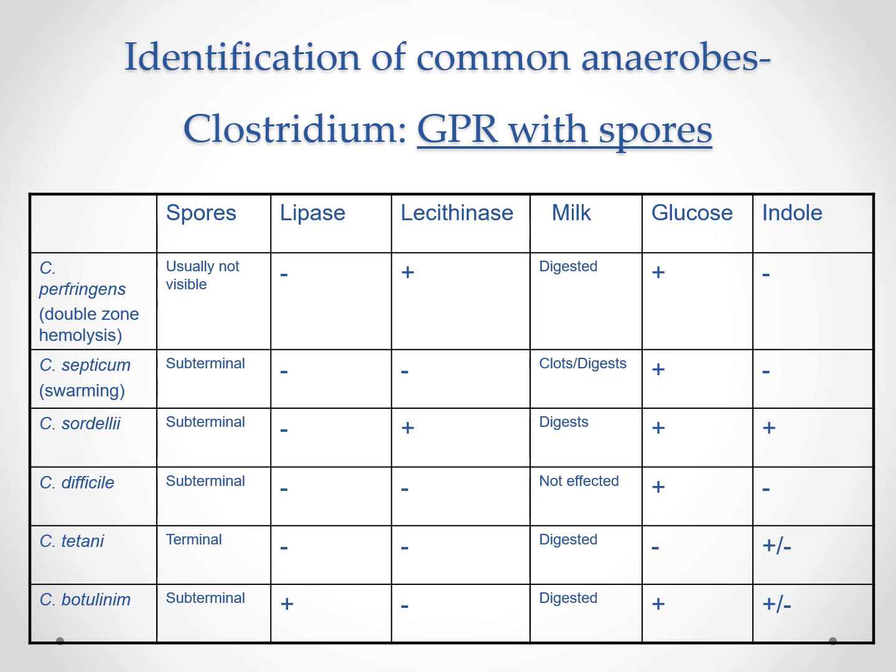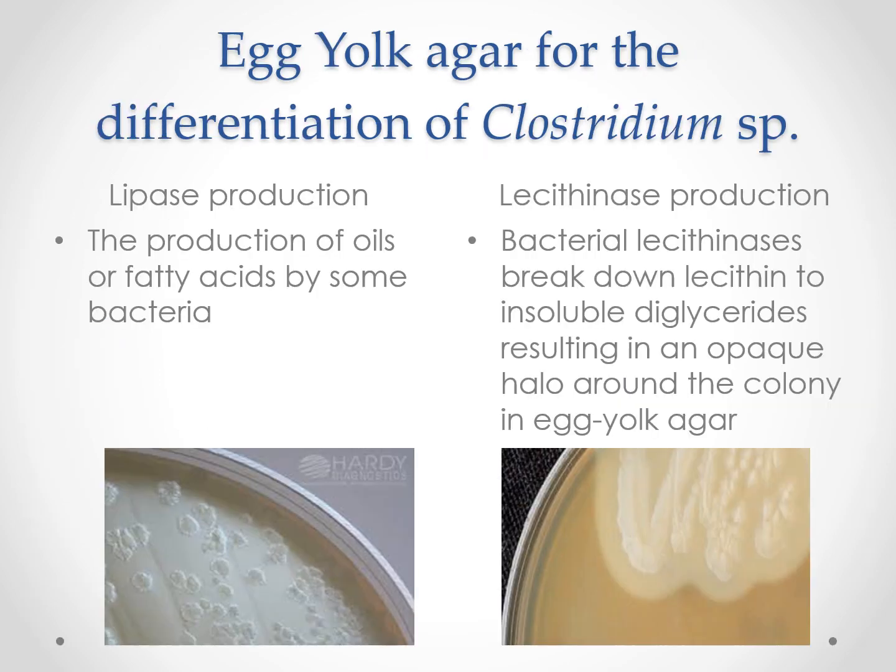We can use litmus milk, glucose fermentation, and indole testing to identify these different species of Clostridium. Egg yolk agar helps us speciate Clostridium. We can determine what species Clostridium is by looking at whether or not they produce lipase or lecithinase, or if they do not produce lipase or lecithinase.